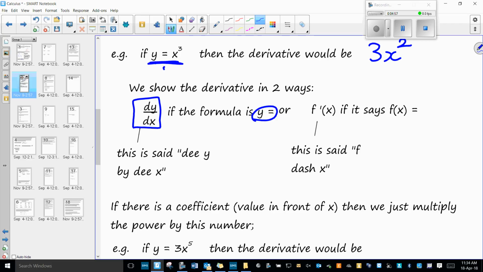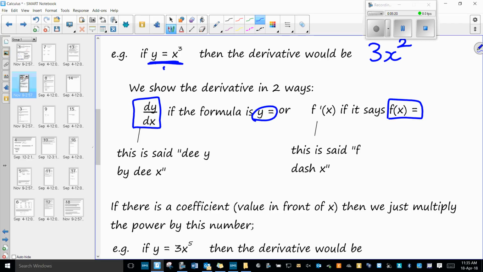Remember, that's function notation. To show we're differentiating that expression, we would write f dash x. So this is dy dx, this is f dash x. Both show that it's the derivative. The method that you're using doesn't change, it's just what you call it.